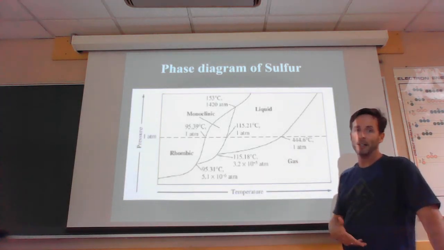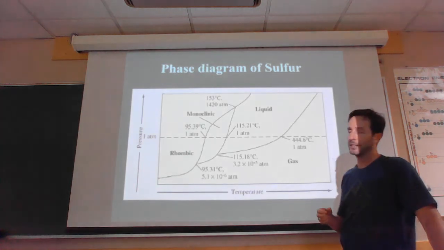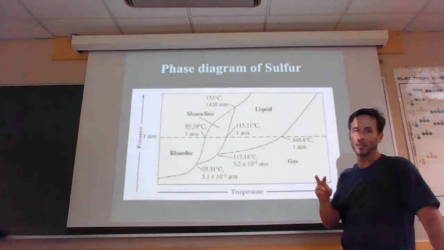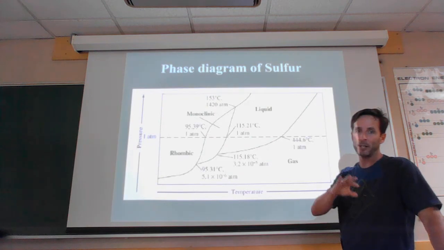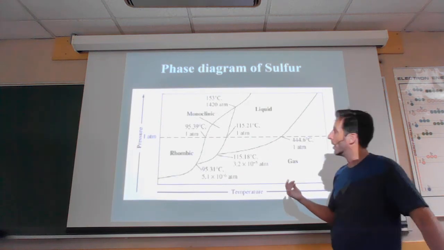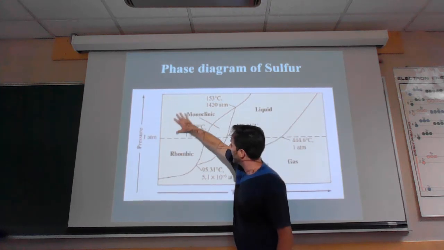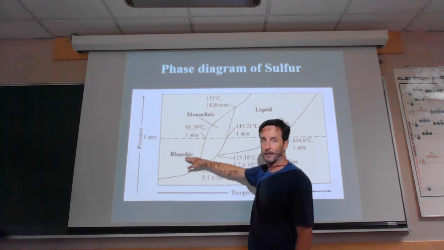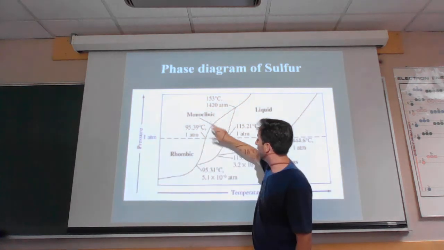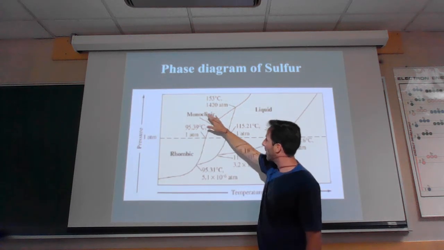The reason for that is sulfur actually has two different solid forms that can exist based on different pressure and temperature. Sulfur can exist in the first solid form. This section right here is called rhombic. And then the second one in this little section right here is called monoclinic.